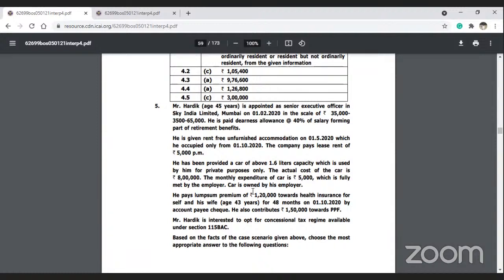So during the PY in which the premium is paid, that complete year is to be taken. And 1 divided by such total relevant previous years, that will be your appropriate fraction. That comes to 5 years. So 1 divided by 5 is 0.2, into 1,20,000 is 24,000. Yes, done.